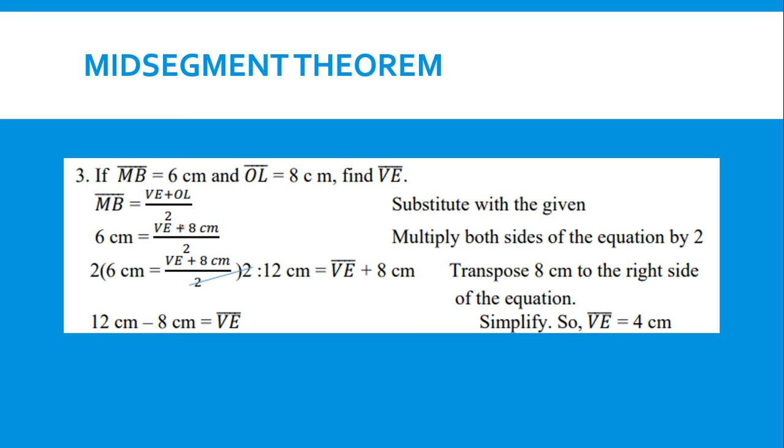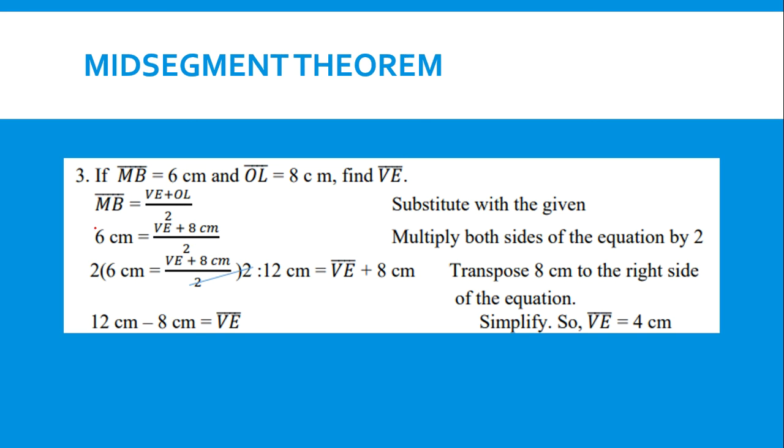So, VE stays as it is. MB is 6 centimeters. So, substitute the MB, which is 6. So, instead of MB, 6 centimeters equals VE plus OL. Substitute the OL, so it becomes 8 centimeters, then all over 2. Okay?